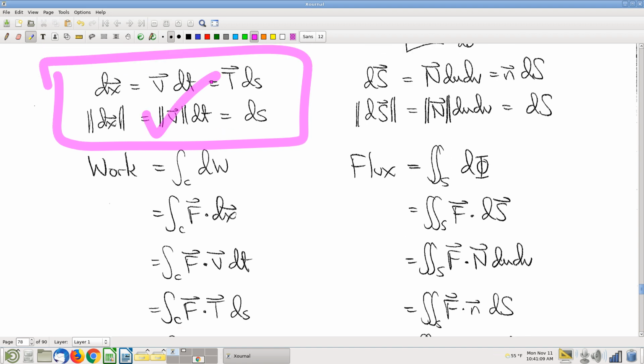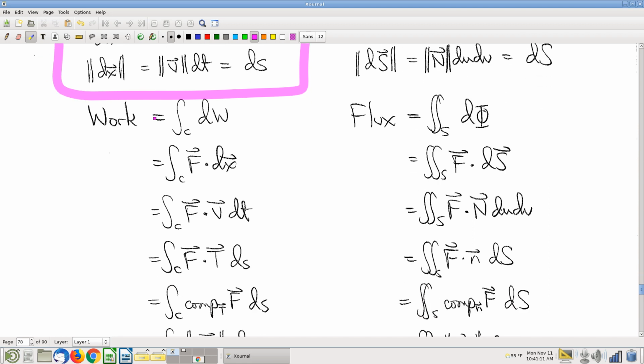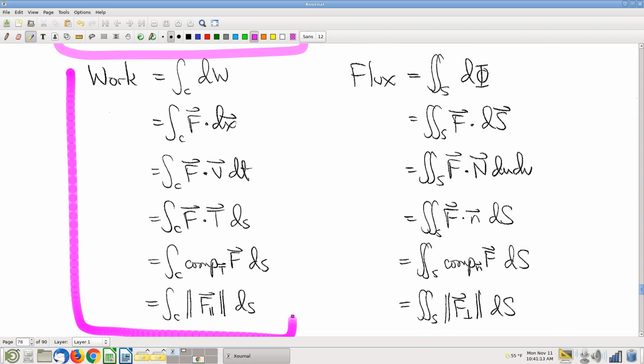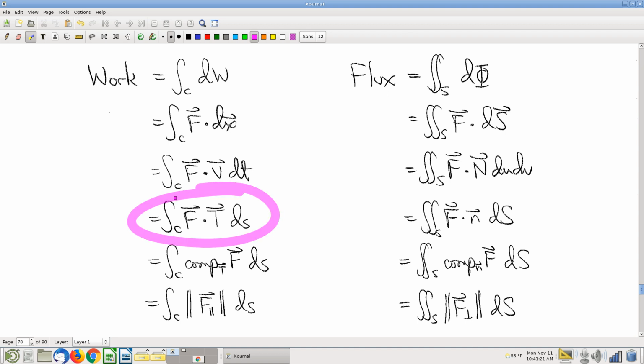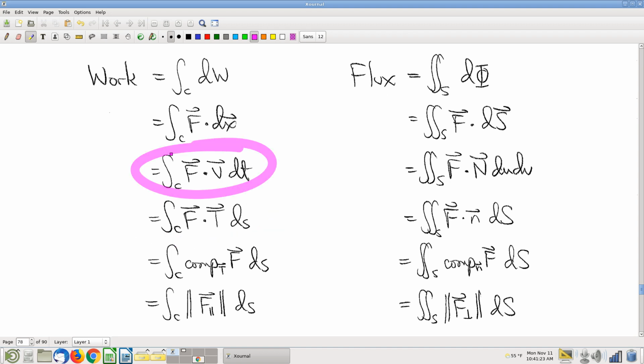And then we have all these different versions of when we're doing vector line integrals. That's my favorite notation. This is the book's favorite notation. This is, for many students, their favorite notation, because this is the parameterized plug and chug notation. Don't forget that dot products with unit tangent vectors are components, etc.